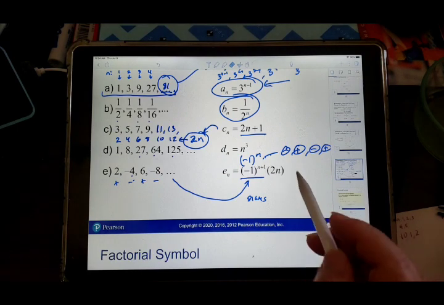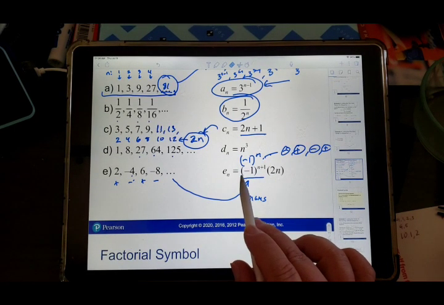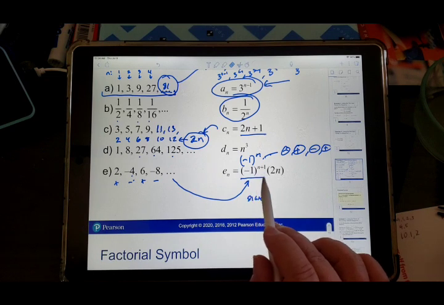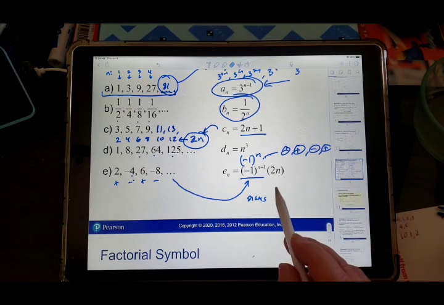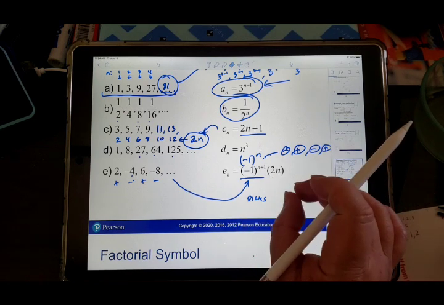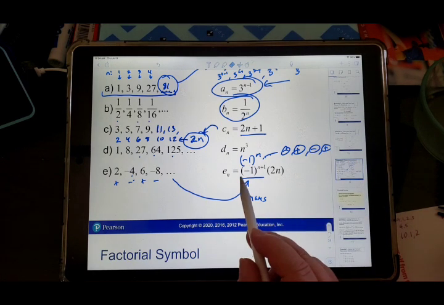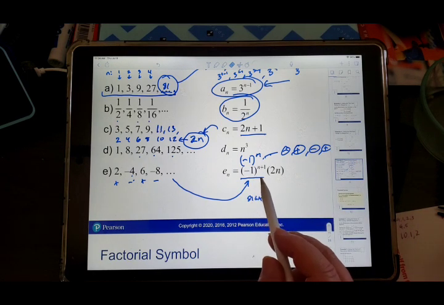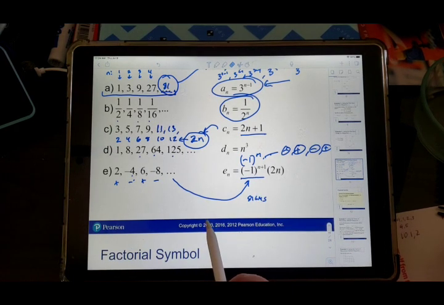Yep. The pattern is 2n. So again, we like to have the minus 1 to the n or minus 1 to the n plus 1 first, and then the rest of the pattern follows, and we try not to manipulate that. In other words, we don't want to hide this by putting it somewhere else. Just like to lead with it, I guess.